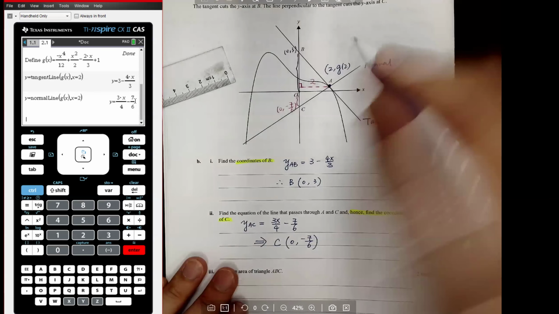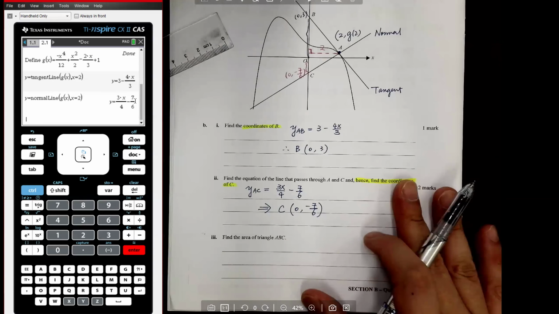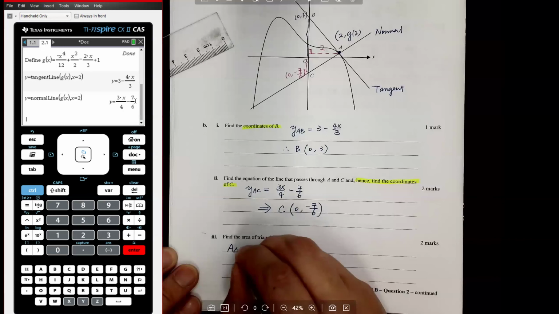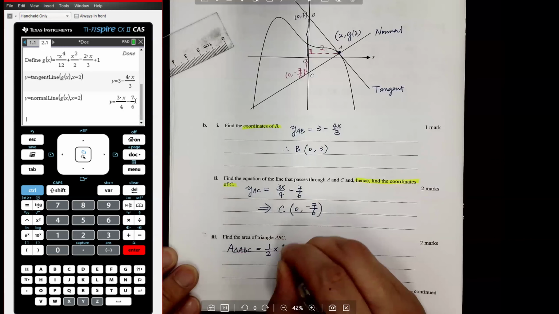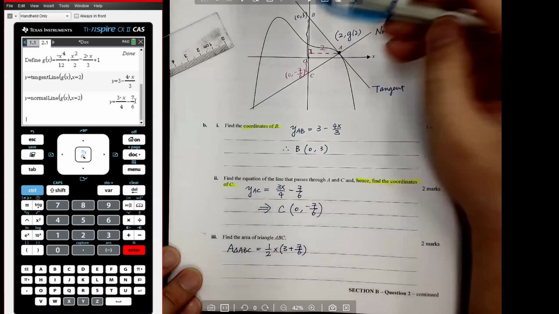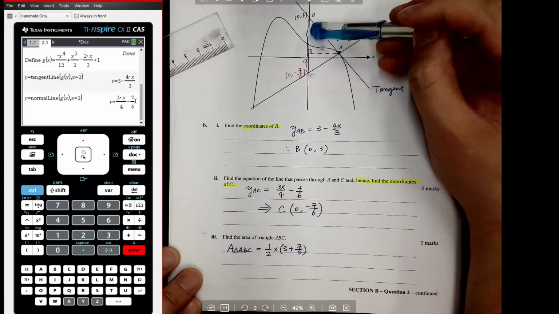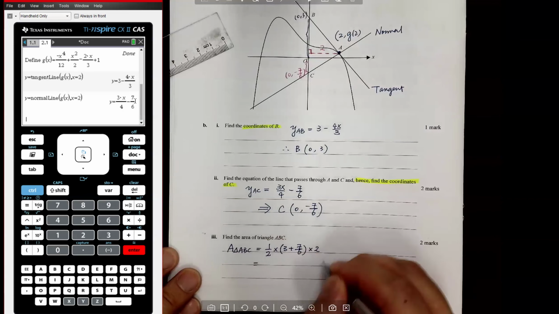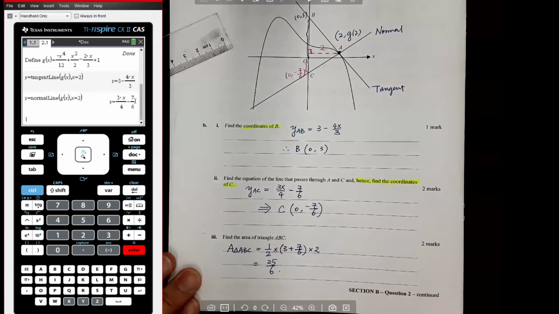So we can actually use the simple formula. For example, area of triangle ABC equals half times base, which is 3 plus 7 over 6. The distance is this part add this part, times 2, okay? And the 2s cancel, and you get 25 over 6. That is the first method.